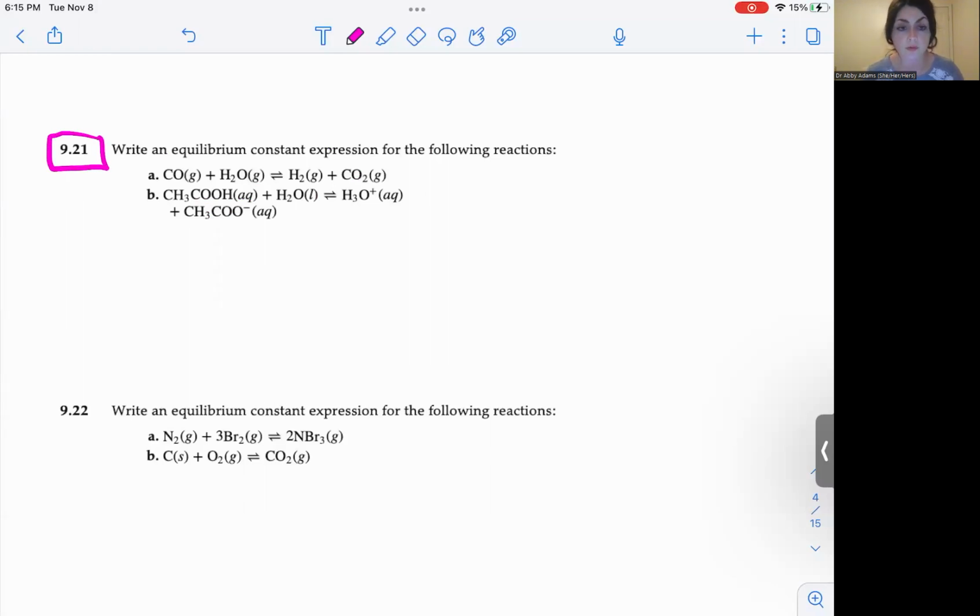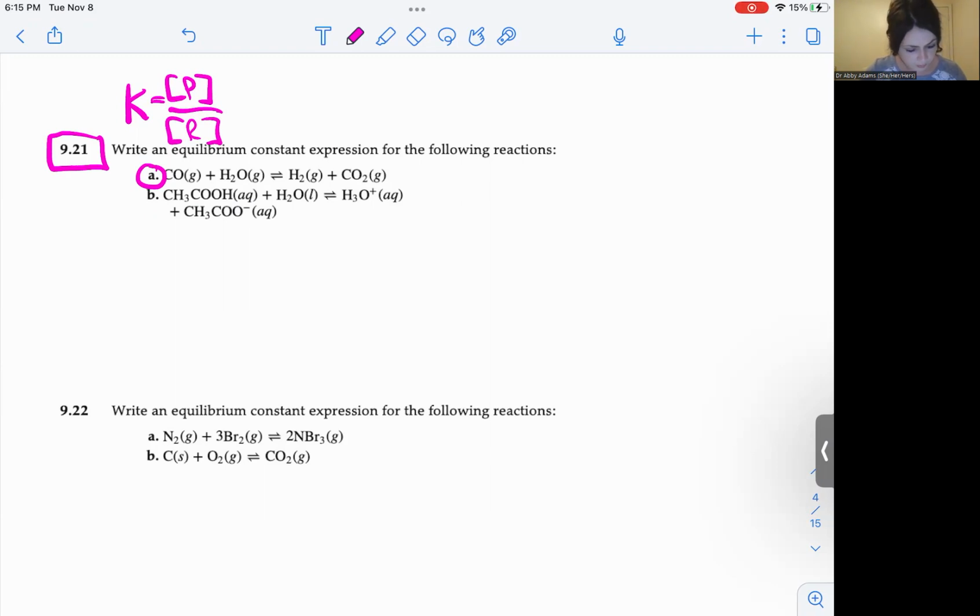So 9.21, write an equilibrium constant expression for the following reactions. A. Okay, so let's write this out. What is the equilibrium constant? That's K. Remember, that's concentration of products over concentration of reactants. So how will we do this for A, where we have carbon monoxide and water in this reversible reaction with hydrogen and carbon dioxide?